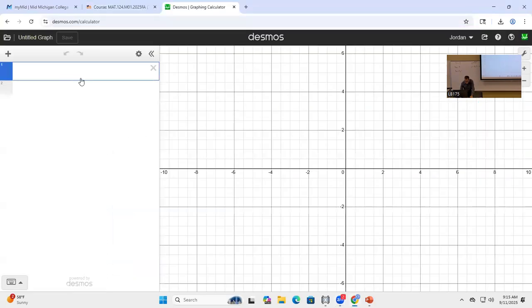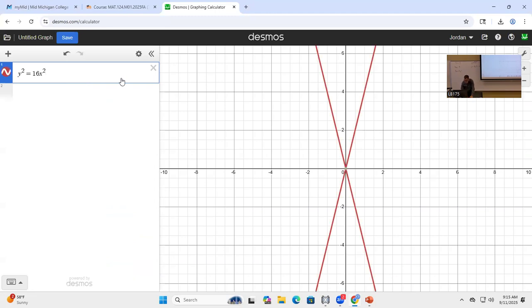if you graphed y squared equals 16x squared, notice what you get. You get basically two intersecting lines at the origin.